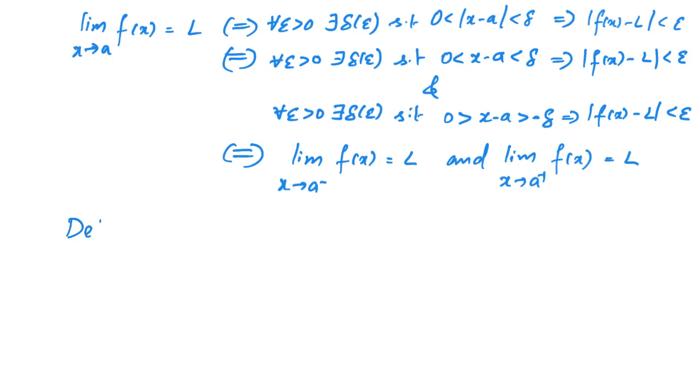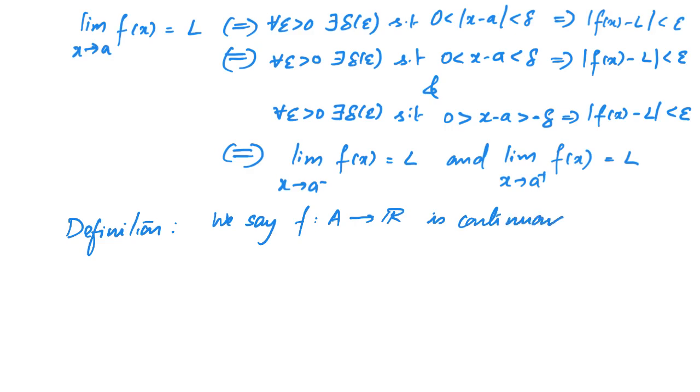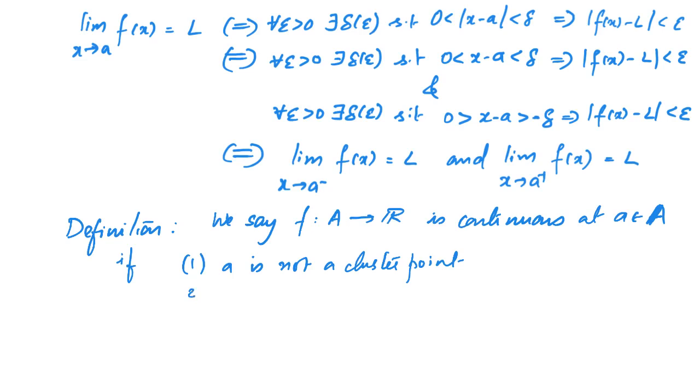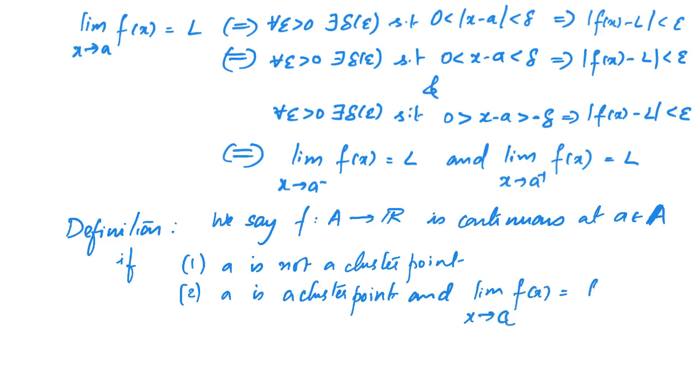Thus, we can rewrite the definition of continuity as follows. We say f from A to R is continuous at a belonging to A if either a is not a cluster point, or if a is a cluster point and limit x tends to a f of x is equal to f of a.